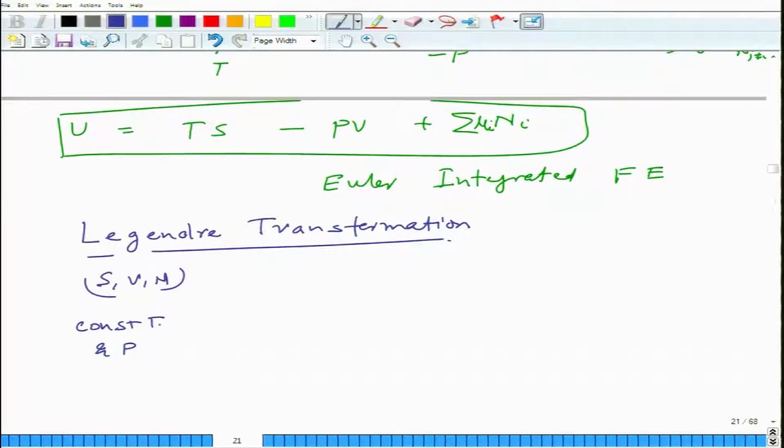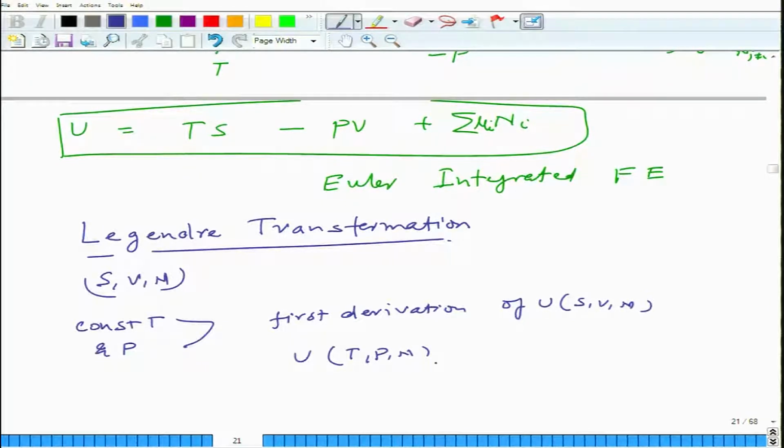Now, temperature and pressure appear as first derivatives of the fundamental equation of U. So, in other words, if we want just a function U as a function of T, P, N, this is possible.